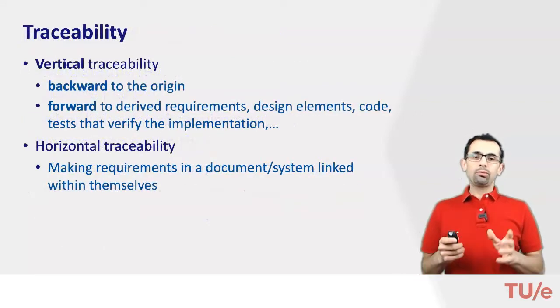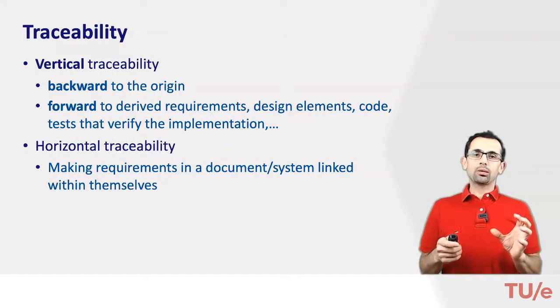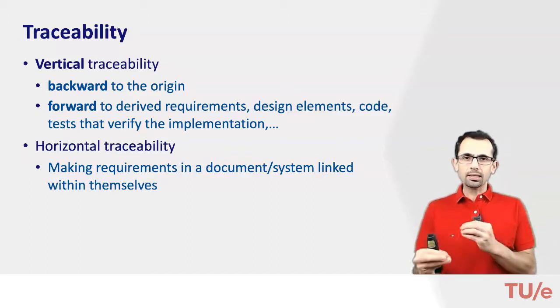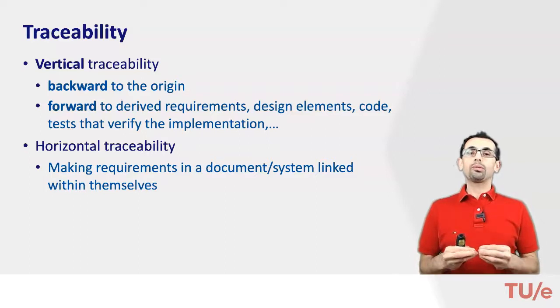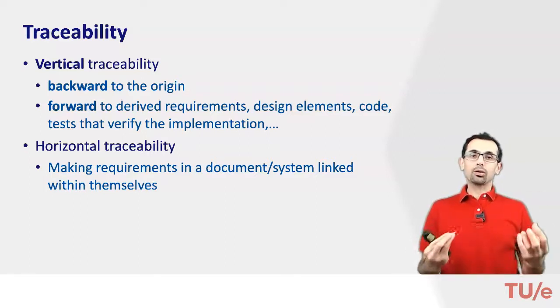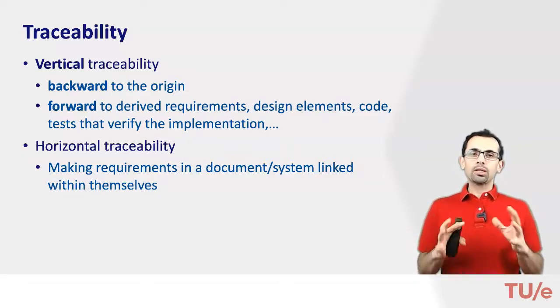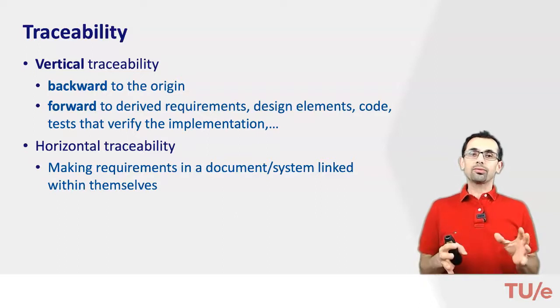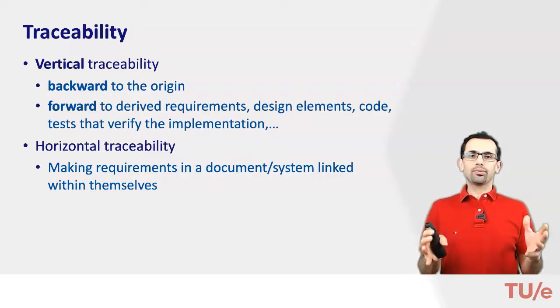Traceability. Now when we are talking about traceability, we are referring to establishing links between requirements or between other components, other concepts in the development life cycle. We can mention 2 main types of traceability.